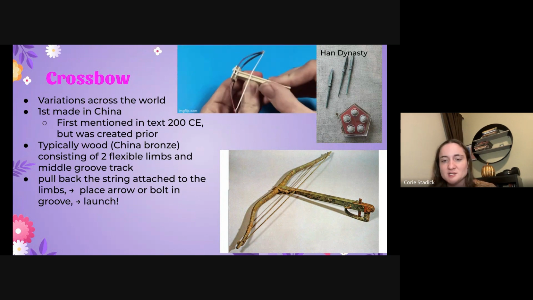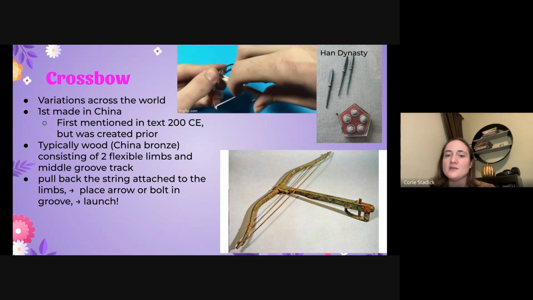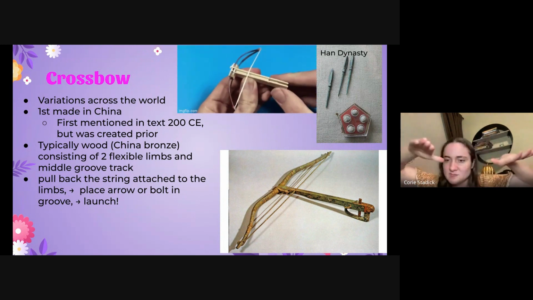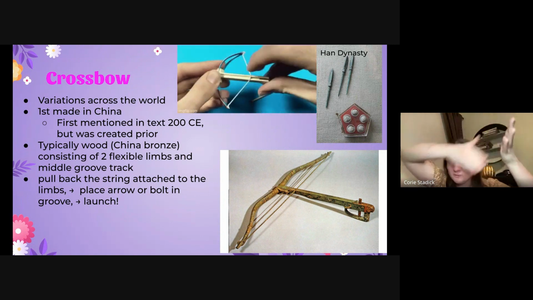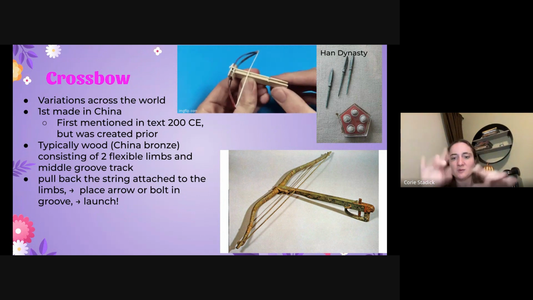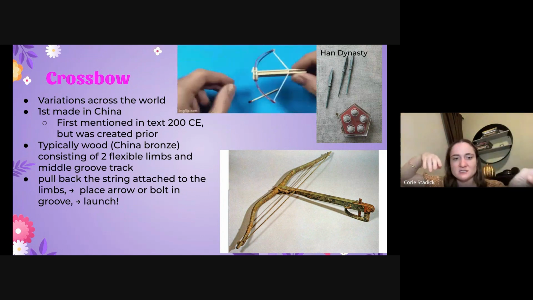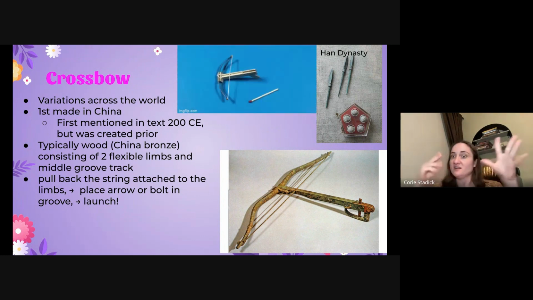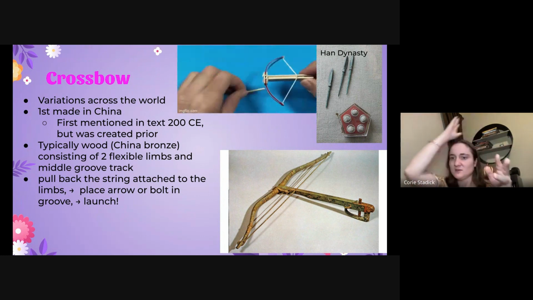So you can see here in the picture on the bottom, there are two curvy little limbs, and then the middle groove track, that's where you would put your arrow. So what you would do is pull back the string from the limbs, place the arrow or the bolt in that groove track, and then release the string and it would launch forward.